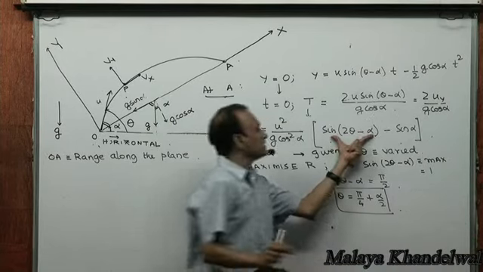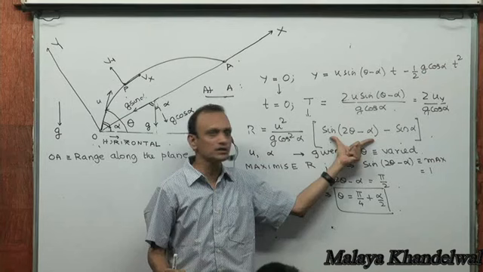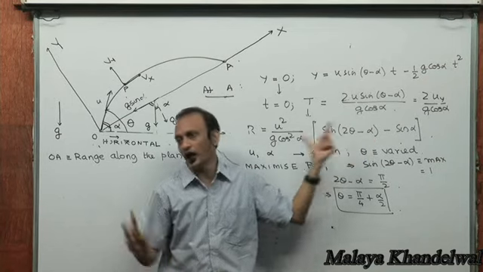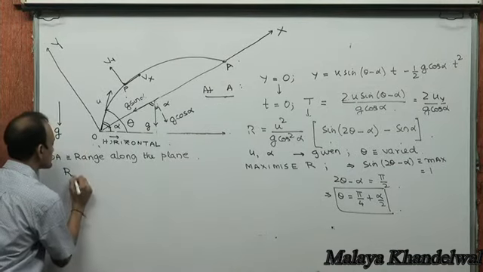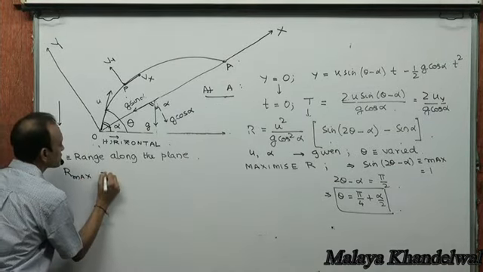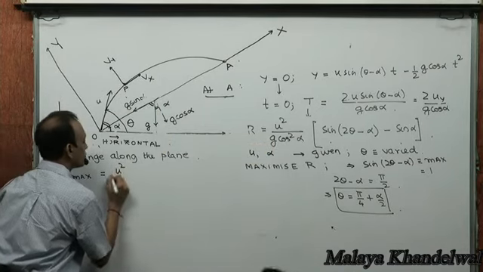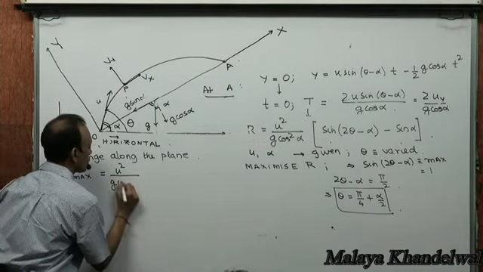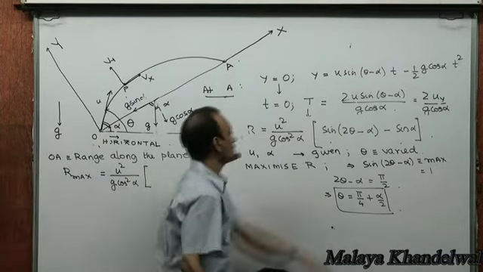If I plug in this number as 1, then R will become R max, maximum R, right? So R max is u squared by g cos squared alpha into 1 minus sin alpha.